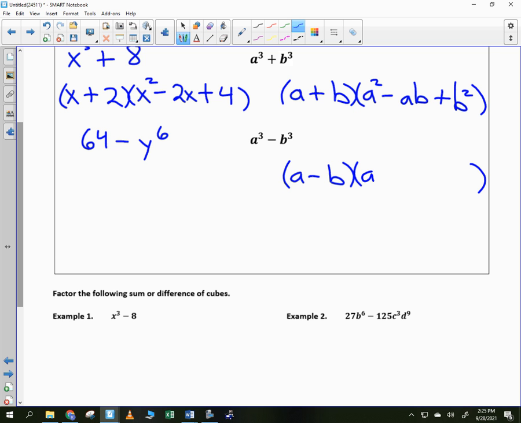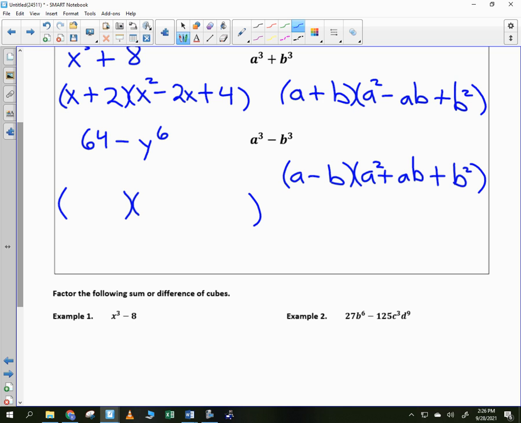Square the front, square the back. Multiply the 2 together. This is always positive. This is opposite of what you see. So let's try to factor this one together. We see the rule.